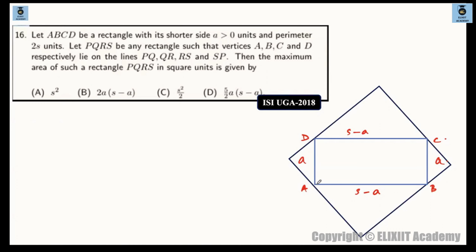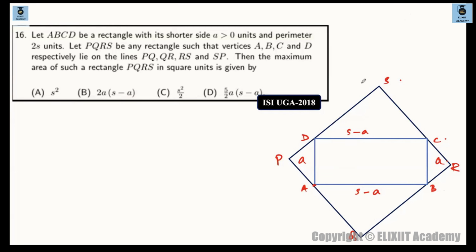ठीक है, तो A is lying on where? माने ये जो rectangle आएगा, this is actually PQRS. तो PQRS is taken in such a way कि A is lying on PQ, B is lying on QR, C is lying on RS and D is lying on PS.